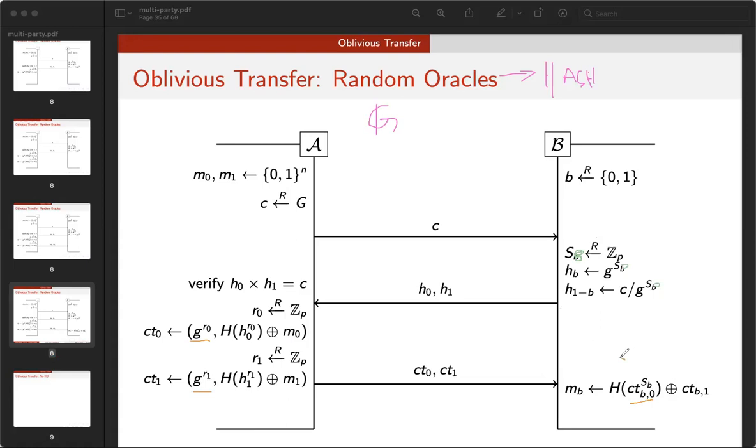So that corresponds to G to the RB to the SB. Bob takes the hash of that value, and then applies that exclusive OR with the second half of the ciphertext.